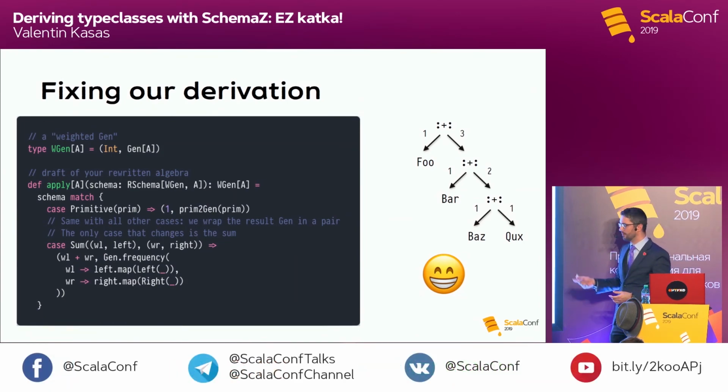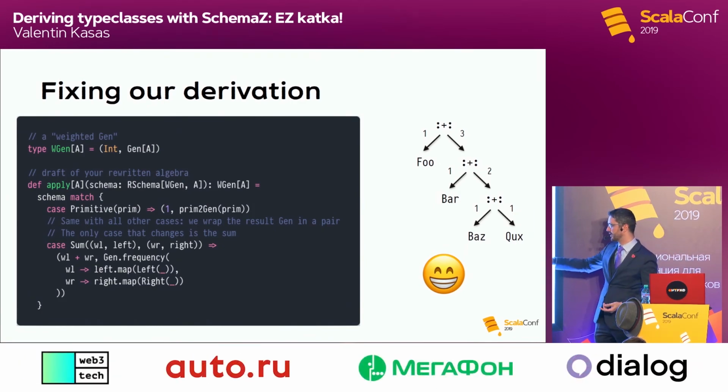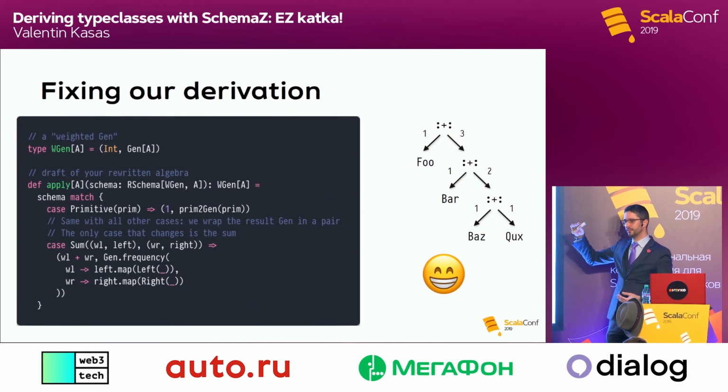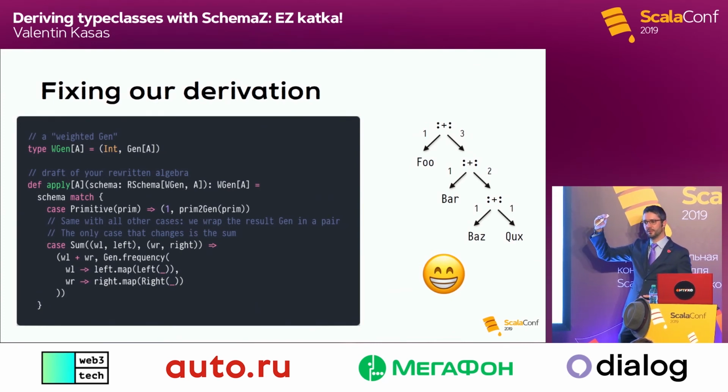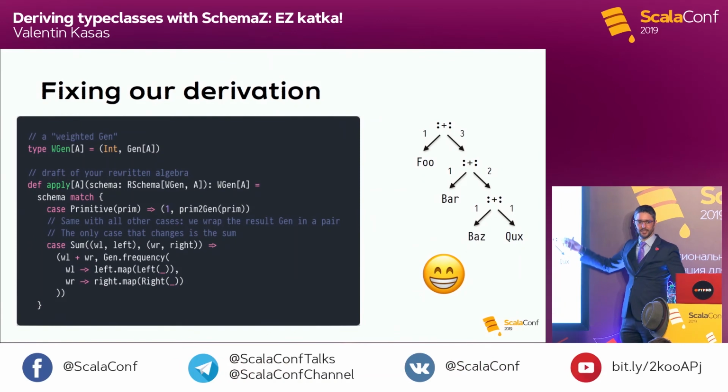And in the case of the sum, when I get to the sum node, I get 2 pairs, one for the left and one for the right, and each one has a weight. So I can use that as a frequency and say to the level up, okay, my weight is now the sum of the weights of my 2 branches. It gives something like that.